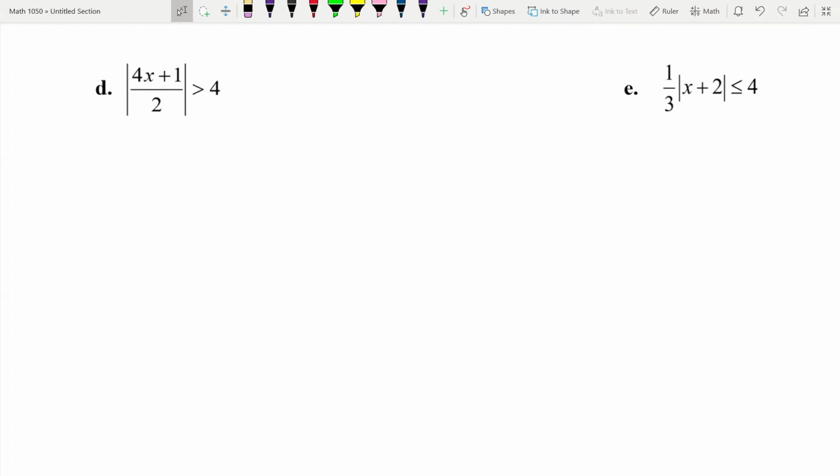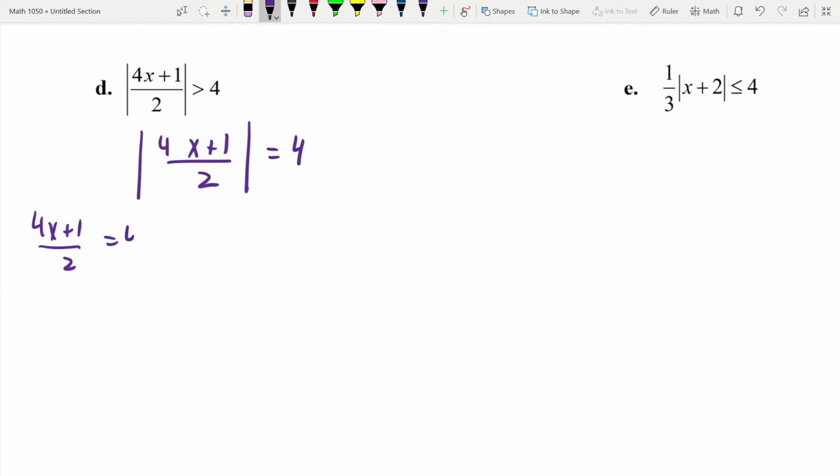Okay, here's question D. Step number 1, get it alone. Okay, it is. Step number 2, write the inequality as an equal sign. I know you're going to be tempted to skip this step. Please don't skip it. Looks like that. Now split it. So 4x plus 1 over 2 equals 4, or 4x plus 1 over 2 equals negative 4.